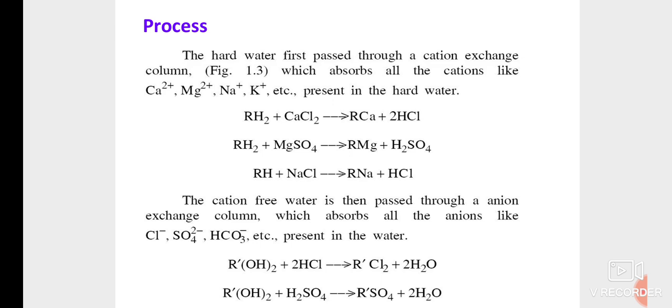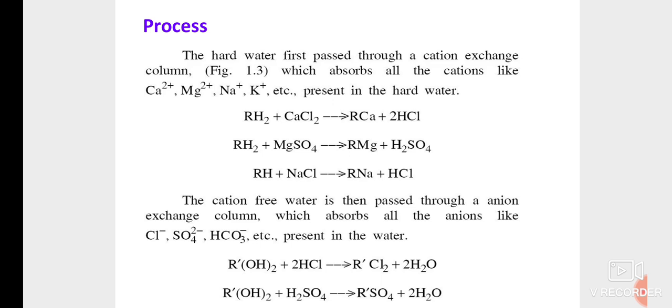The cation-free water is then passed through an anion exchange column, which absorbs all the anions like Cl minus, SO4 2 minus, HCO3 minus, CO3 2 minus present in the water. Are you clear? So the cation exchanger column passes the HCl and H2SO4 into the anion exchanger column, which contains the anion exchange resin R-OH twice.